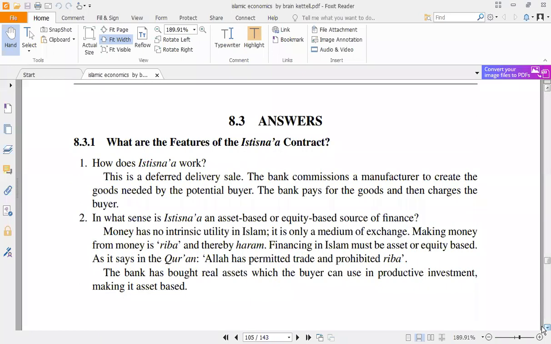No comments here. In what sense? Is Istasna an asset-based or equity-based source of finance? I think the answer is the same. Just revise it by yourself, and you have to answer. This is a very important question.